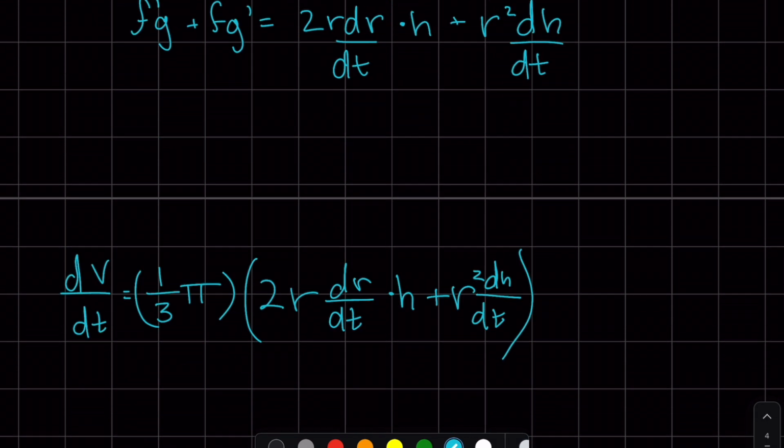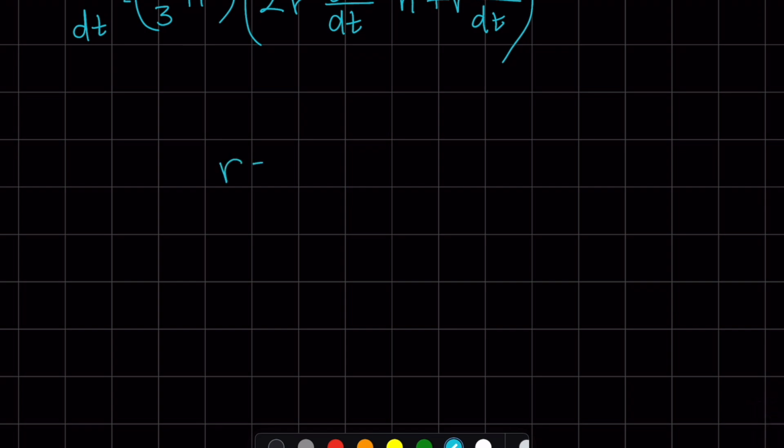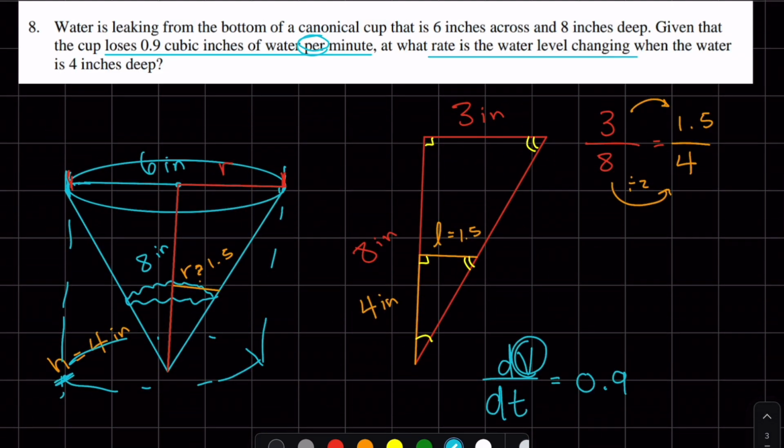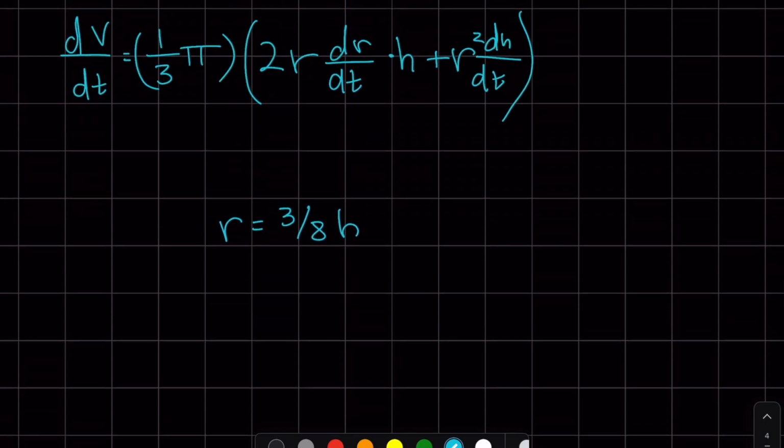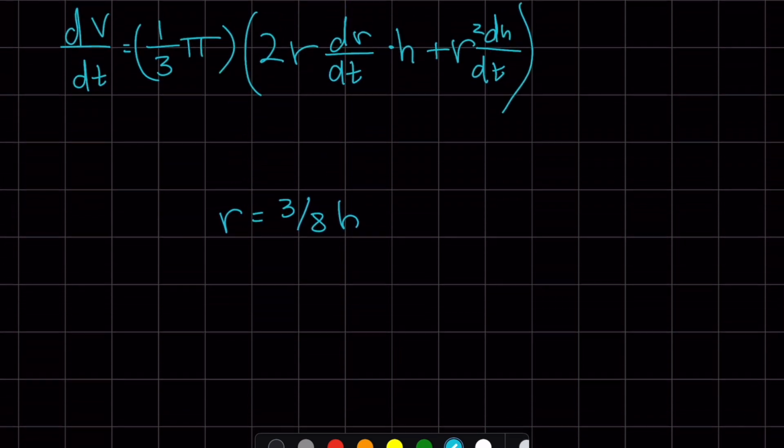Specifically, my r is always going to be equal to 3/8 of my h. So when my h was 8, my r was 3. Or when my h was 4, my r was 1.5. And that ratio is always going to hold true. So taking the derivative of both sides, I'm going to get dr over dt equals 3/8 dh over dt.